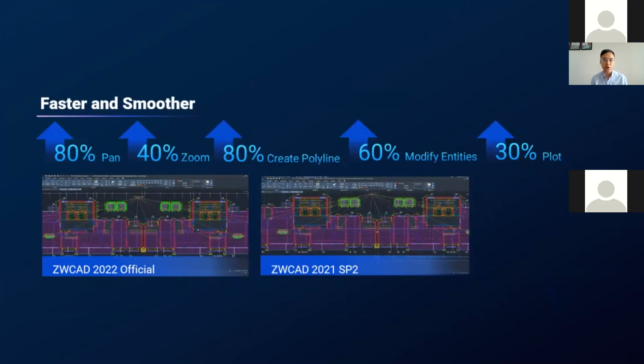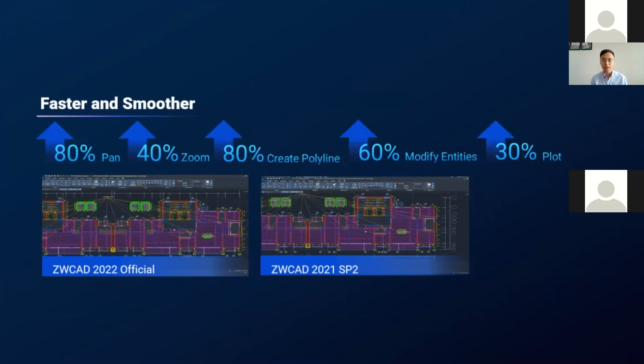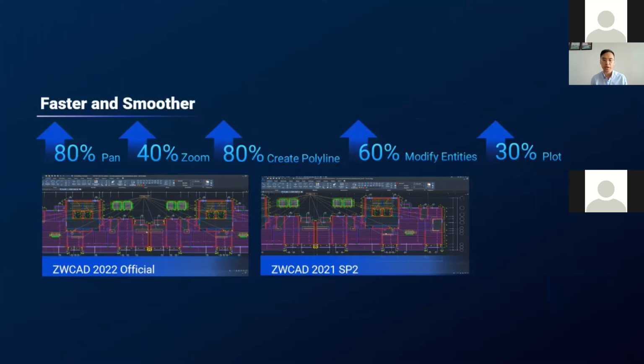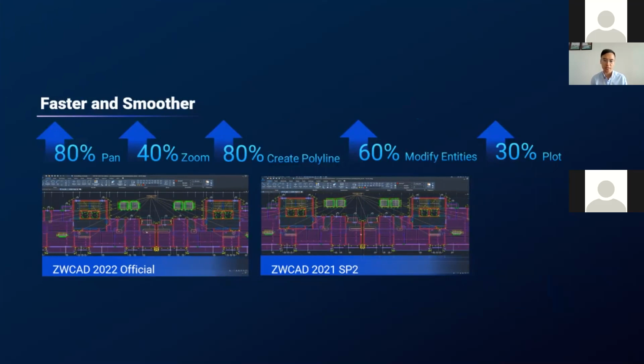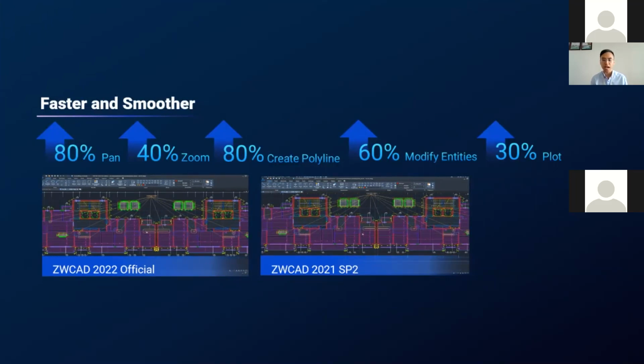So I will not go through the detail with you. The best way to experience the speed of the new ZWCAD is to download the new version and try it by yourself. When you try it, you can feel the ZWCAD 2022 version more directly.